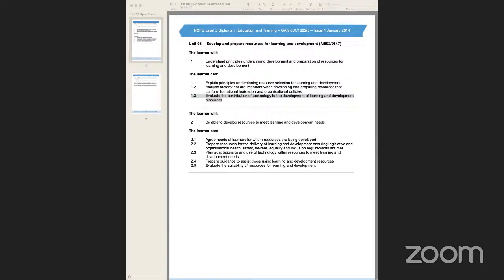I'm going to show you some templates, which you can get hold of from Moodle. These templates would be useful for you in some cases for the assignment, and as you go along to cover some of the criteria of this unit.